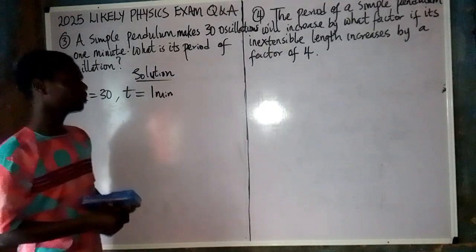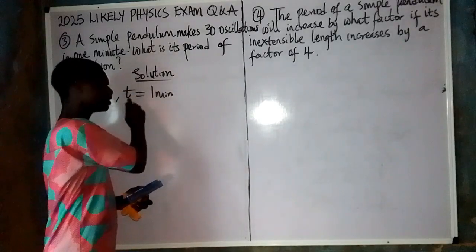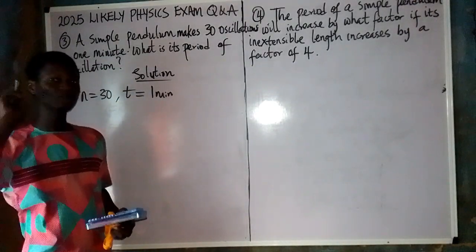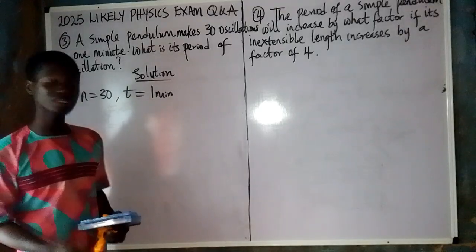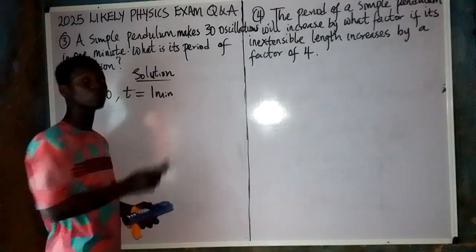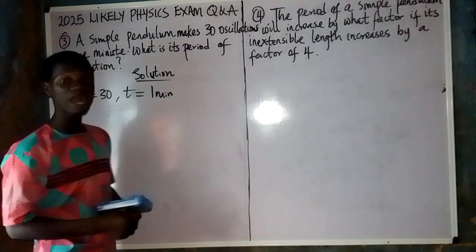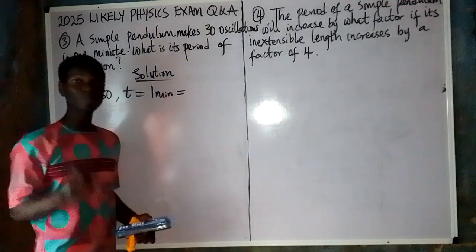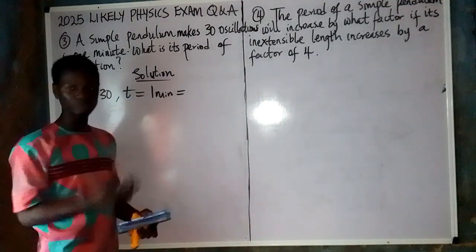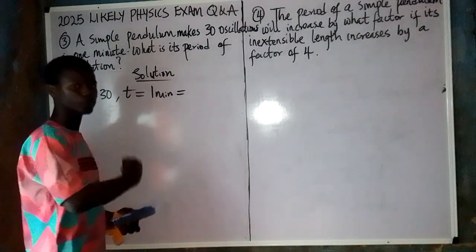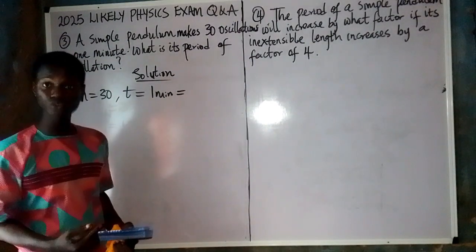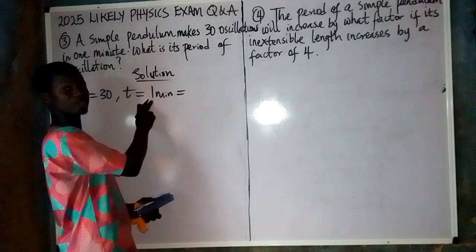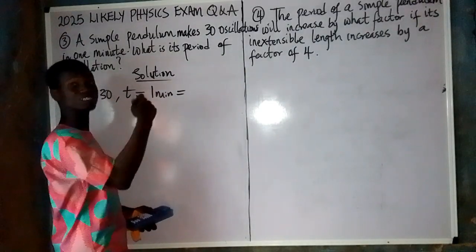So whenever time is given in any other unit, the best thing to do before you start solving is to convert that time to what? Seconds. You are given 1 minute, so convert to seconds. When converting from minute to second, you multiply by what? 60. So whatever number you have here, it will be times 60.